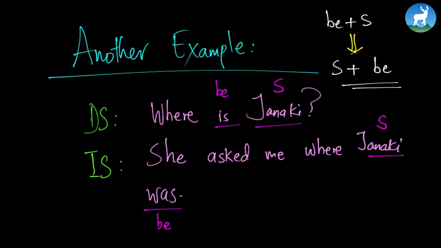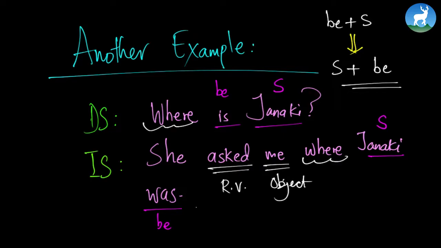Where is Janaki? She asked me. What do we need here now? We need a reporting verb, and a reporting verb always follows an object. After that, where is not changed, and be plus subject is inverted into subject plus be while the tense is changed. See? Now let's solve some examples.